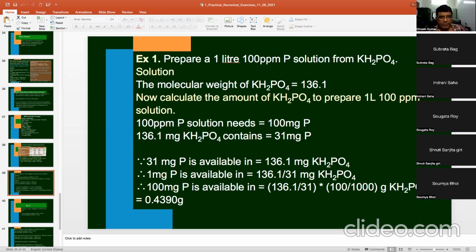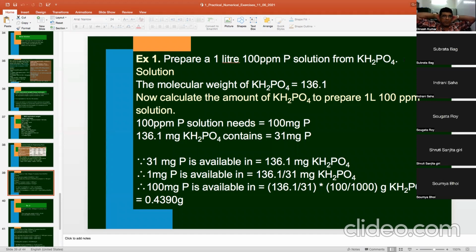Now you can see 31 milligram phosphorus is available in 136.1 milligram KH2PO4. So 1 milligram P is available in 136 by 31. So 100 milligram, because this is required to prepare 100 ppm P solution, you multiply 136 by 100 by 31, and you get 0.4390 gram. Anybody could not follow it?